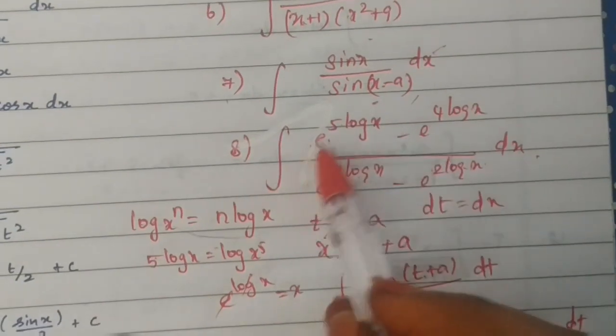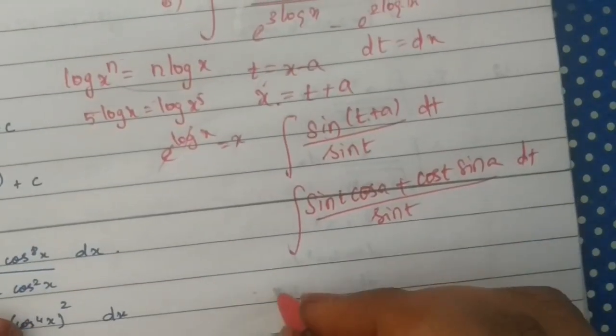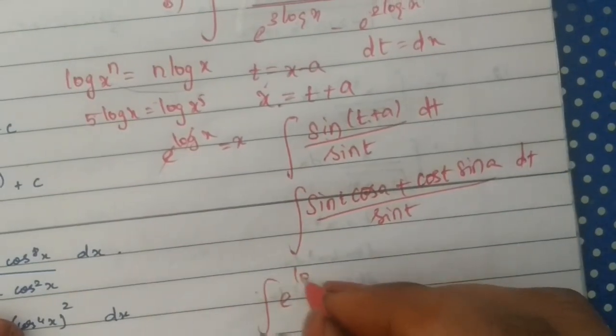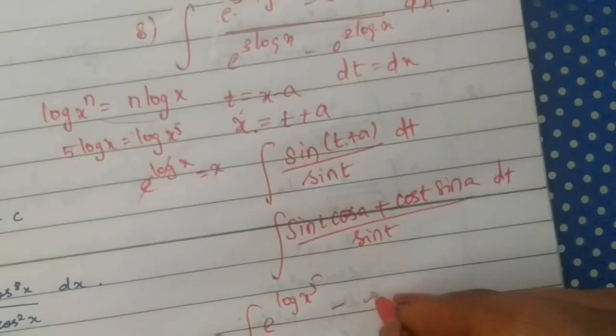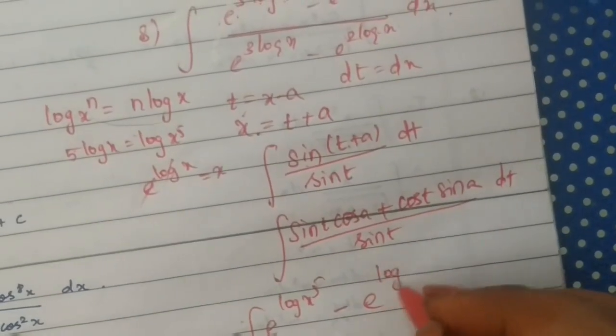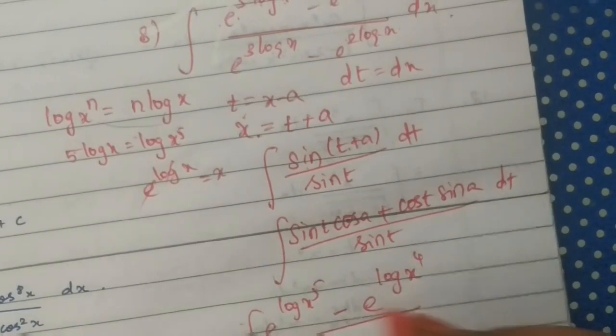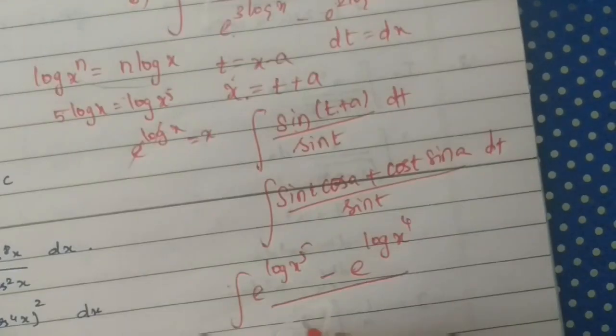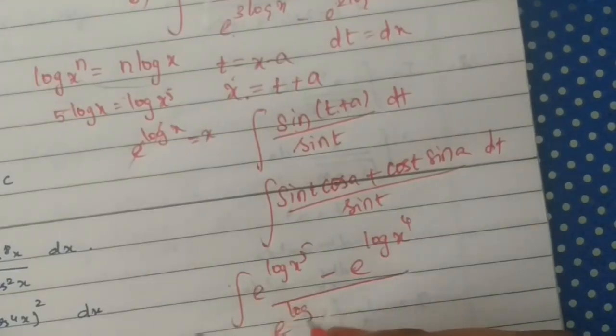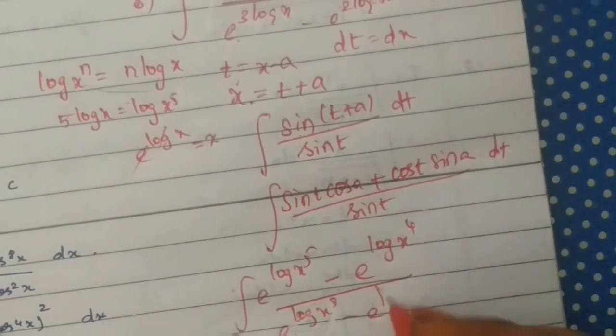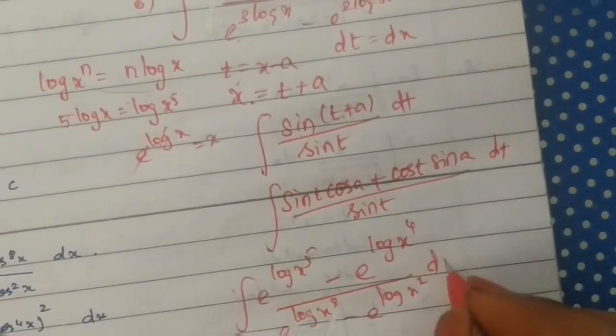So e power 5 log x can be written as e power log x power 5, minus e power 4 log x can be written as e power log x power 4, divided by e power log x cubed minus e power log x squared, into dx.